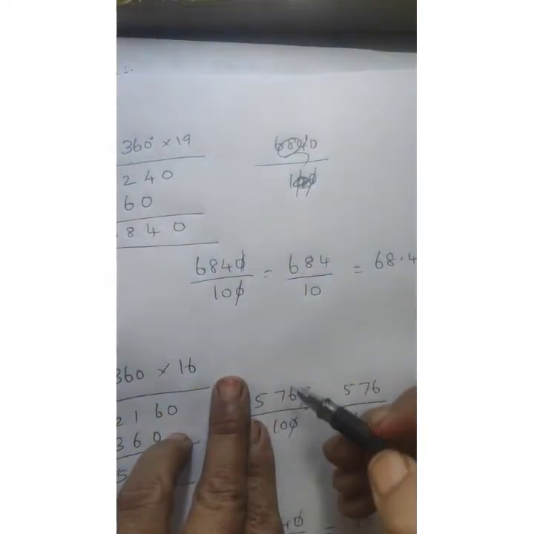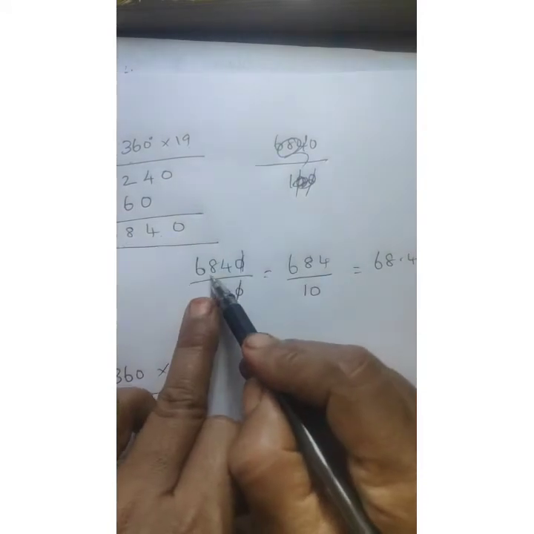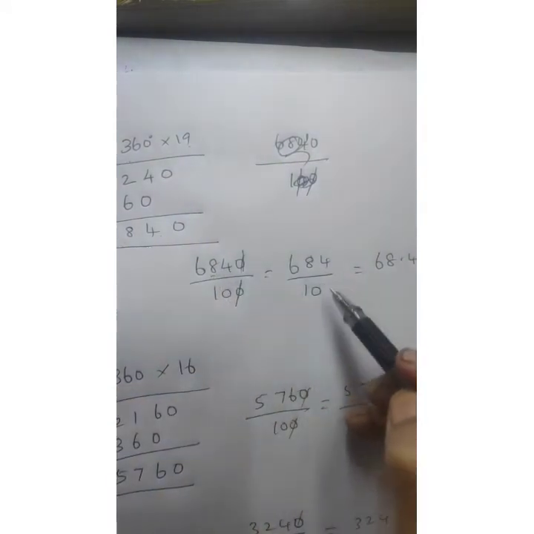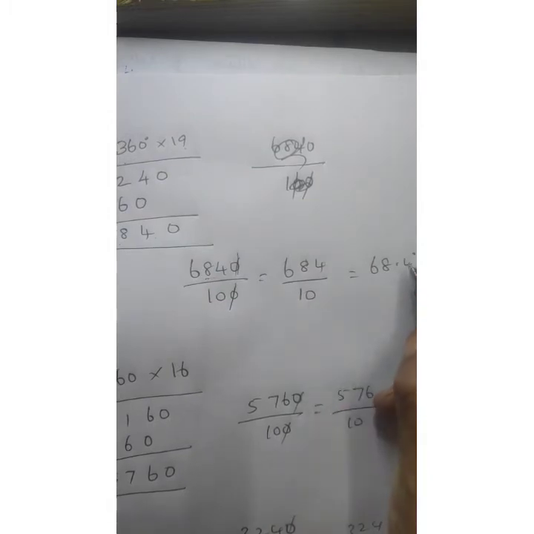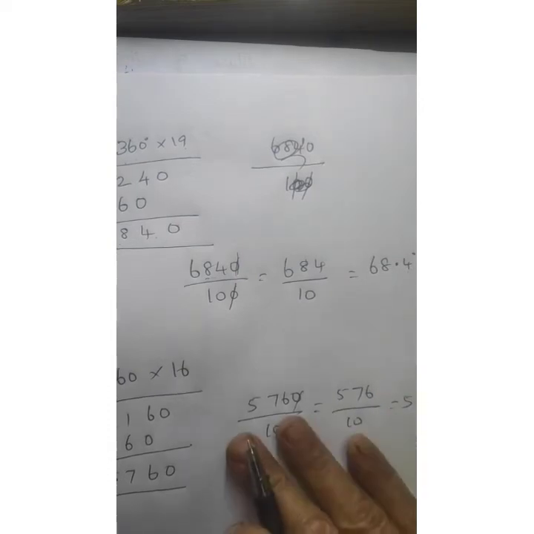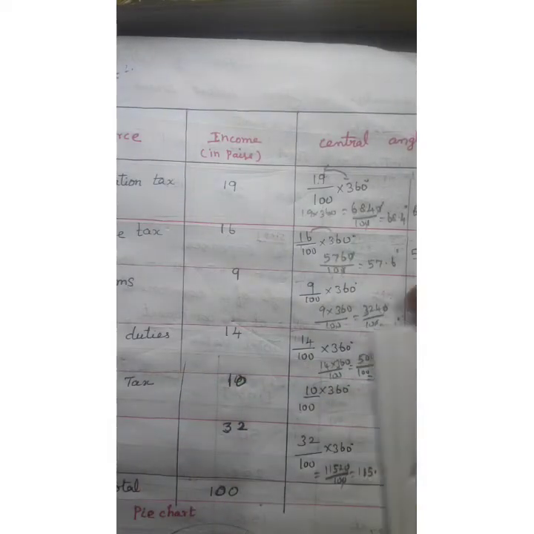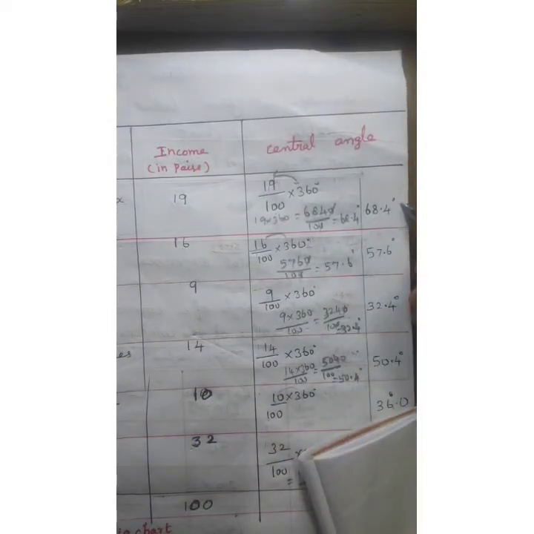Strike out the zeros. What remains is 684 divided by 10. With only one zero, keep one digit after the point: 68.4. So the answer is 68.4 degrees.